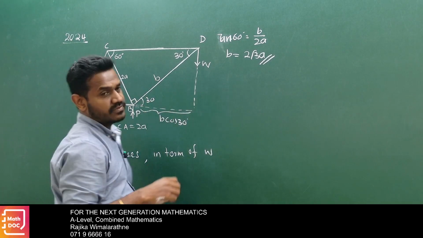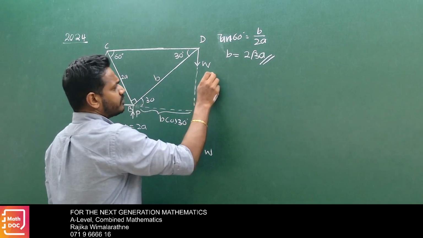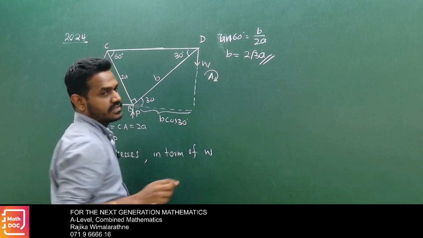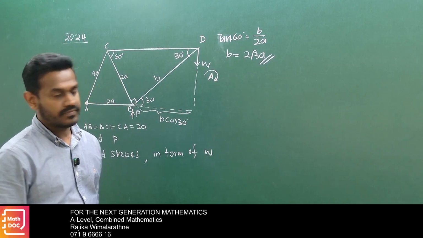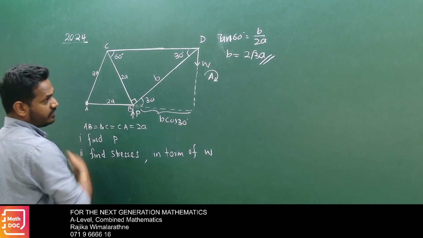Still we are not using Bow's notation. Then take moment about A. If we have a hinge, we better take moment about that hinge, because we neglect the forces at A, no?